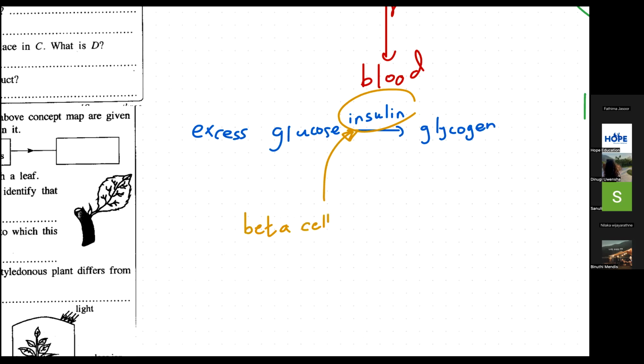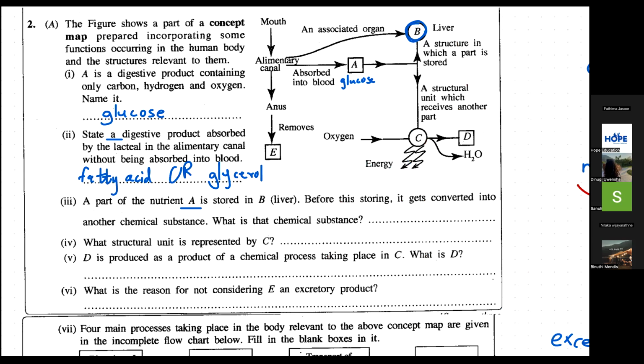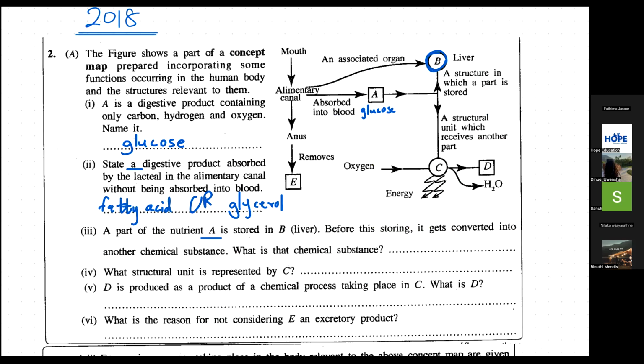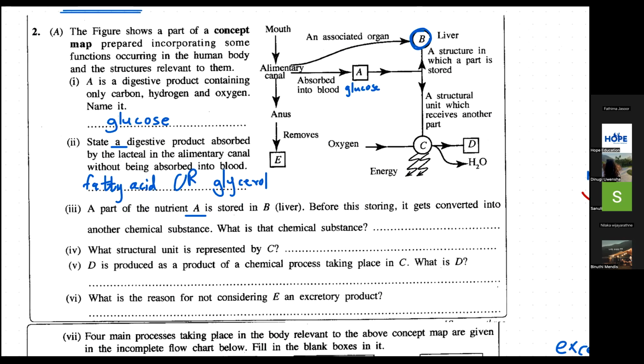Beta cells in the islets of Langerhans in the pancreas secrete the hormone insulin. Insulin only converts excess glucose to glycogen, which is stored in the liver. So they are asking what this chemical substance is, and that is glycogen.